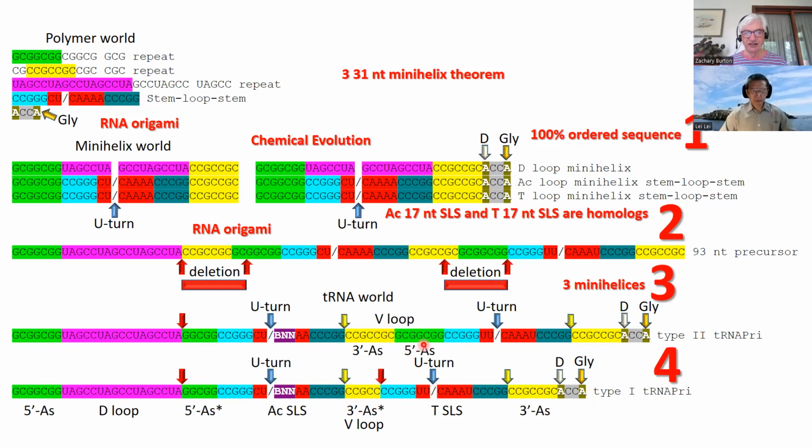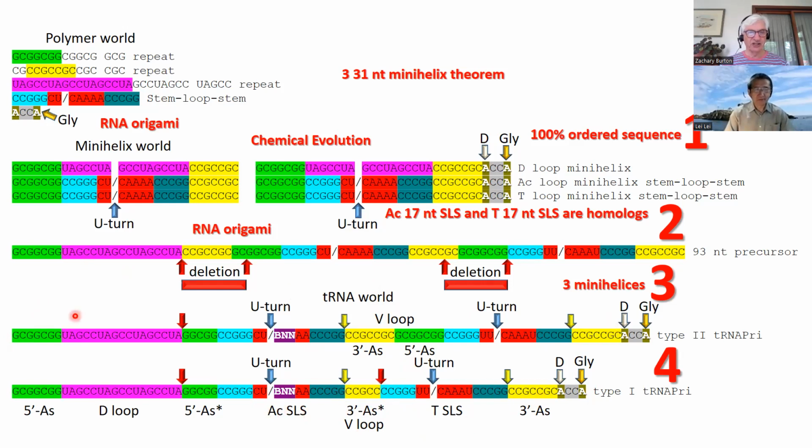So you delete 7 green plus 2 yellow, and you get 5 yellow that correspond to these 5 yellow right here, part of a 3' acceptor stem, and that's the variable loop. In type 2 tRNA, the variable loop is a 3' acceptor stem ligated to a 5' acceptor stem.